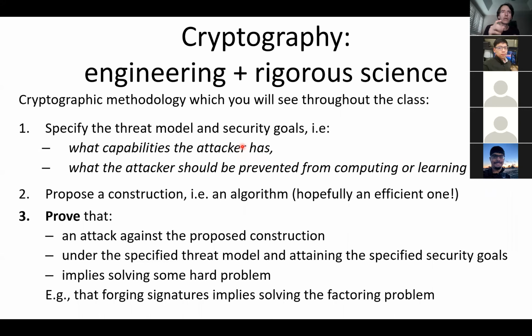But very often we'll have something called a reduction, which means that we'll say, if an attacker exists, it can be converted into breaking some underlying assumption, like factoring. So if you believe that factoring is hard, then the attacker against this crypto system couldn't exist, because there is a reduction that, if the attacker existed, would use it to solve the underlying problem efficiently.